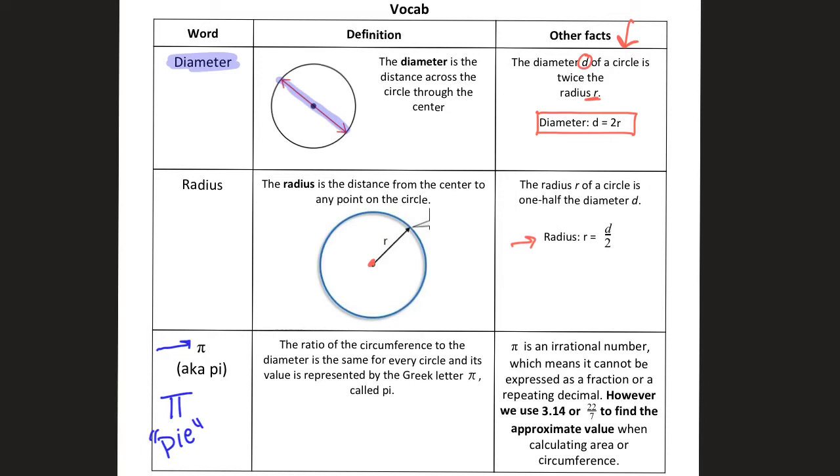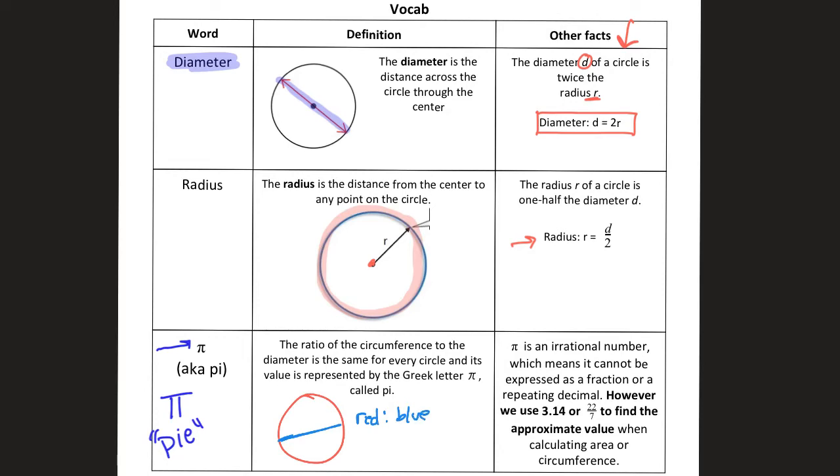And so it is found by the ratio of the circumference. And the circumference is the distance around the outside of the circle, kind of like the perimeter of the circle. Okay? So it's a ratio that has to do with the circumference of a circle and its diameter. Okay, so it's a ratio of the red part to the blue part.